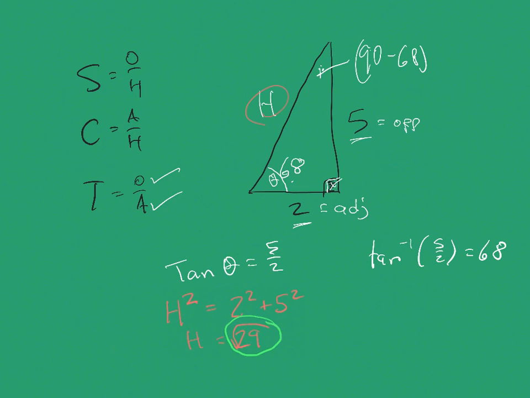Okay? So we have basically done problem number 3 together, but that's how you do all of the problems on page 47. Some of them, like number 4, you do have the hypotenuse, but you don't have one of the sides. Okay?